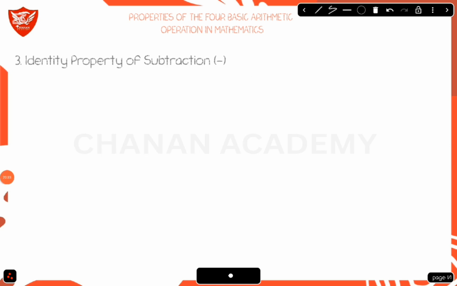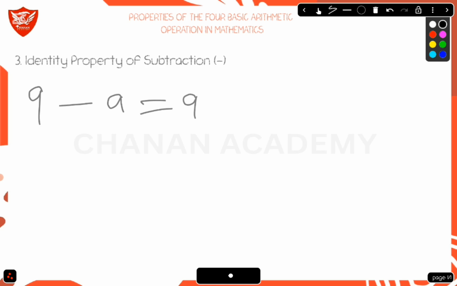So identity property of subtraction. Let's say 9 minus A. The result is 9. So what is this A that will result to 9? Which value do you think? Correct. The value is 0. 9 minus 0 will give you 9.